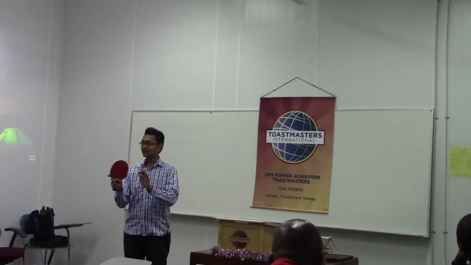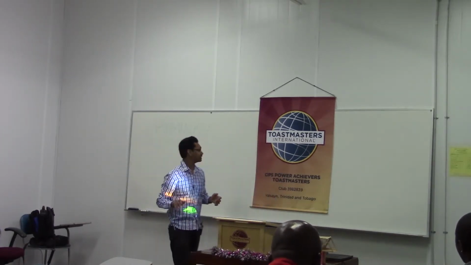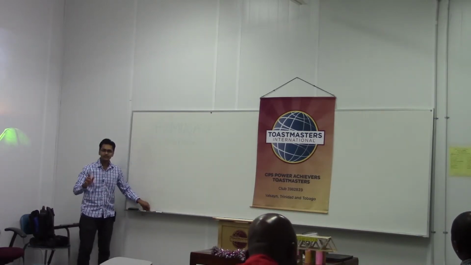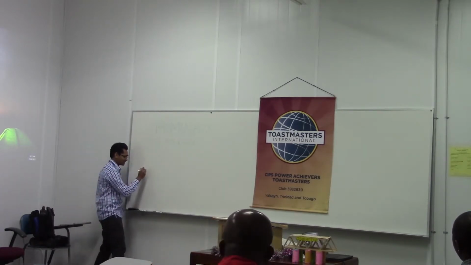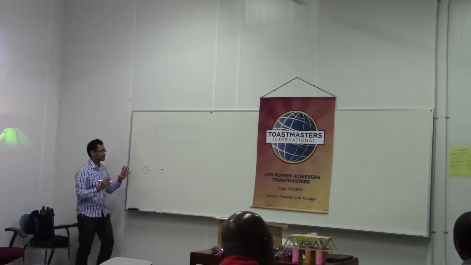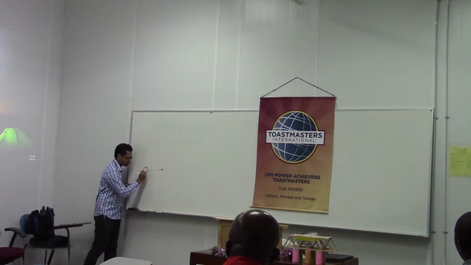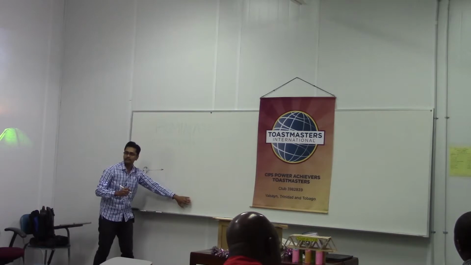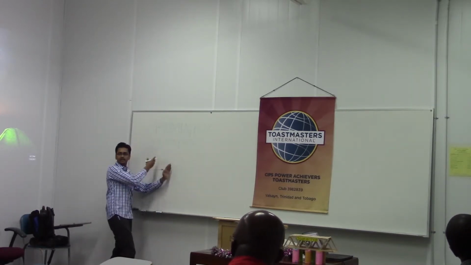So now that we know the 4 different types of spin, let me explain why that happens. It's a bit of physics, so I hope not to lose you all. Please bear with me. We have a ball, and we are moving the ball to the right hand side, and this ball is rotating in a clockwise manner. We have stationary air on this side, so because the ball is moving, the air will be pushing like this.